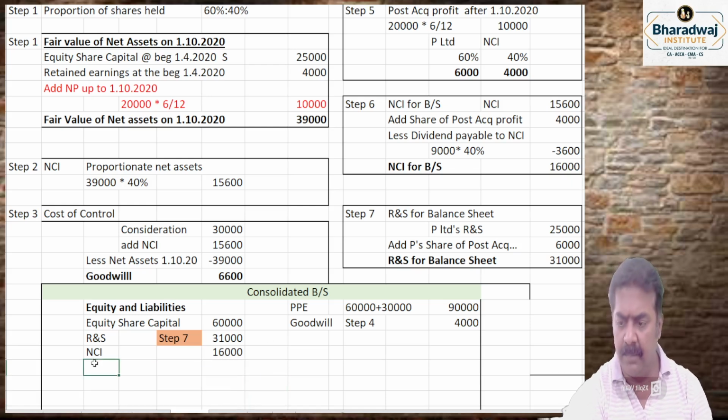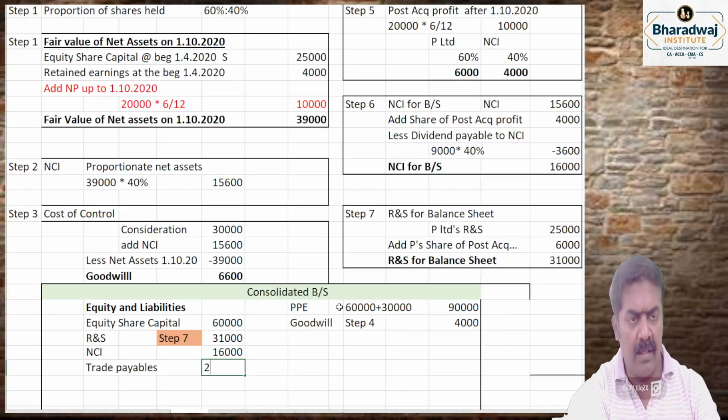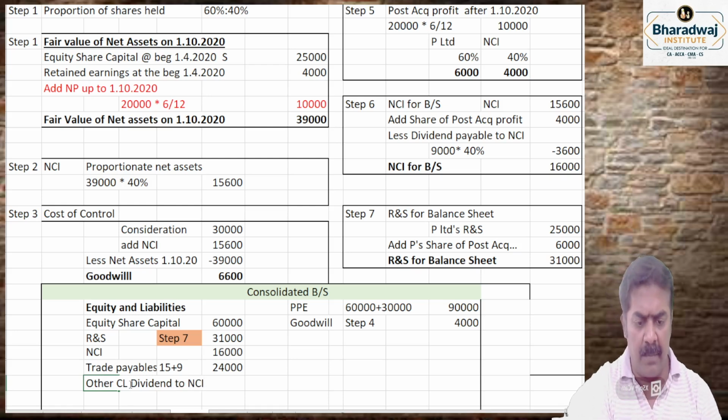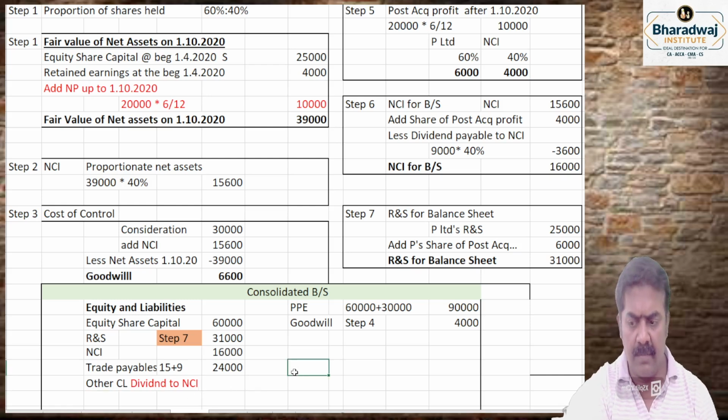Then what else will come? Trade payables, how much will come? 15 plus 9, 20. Then other current liability, dividend payable to NCA. How much?